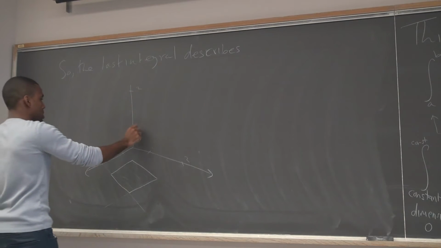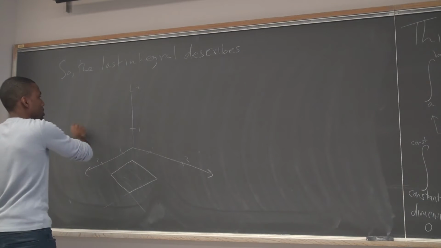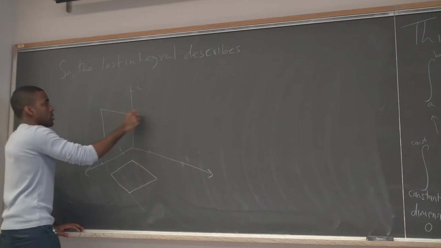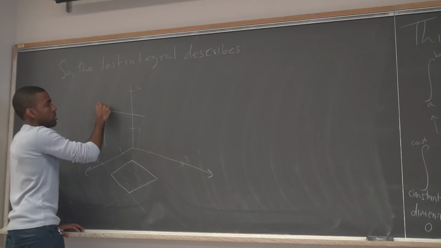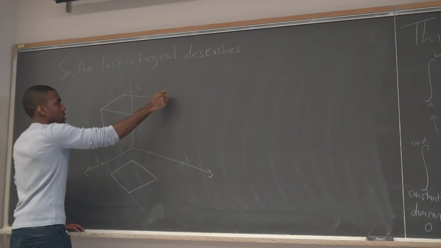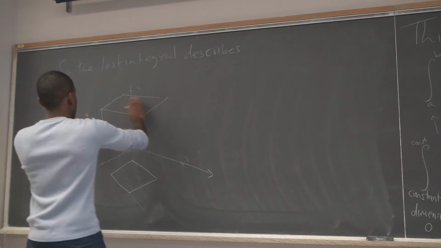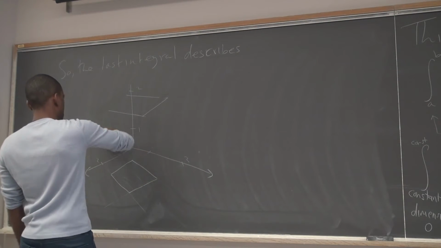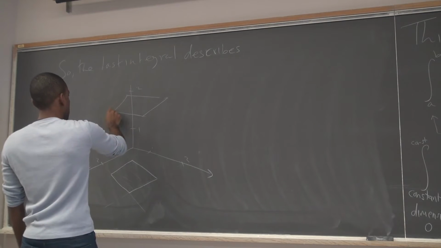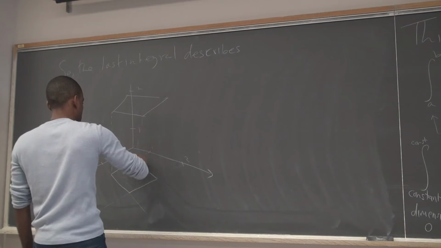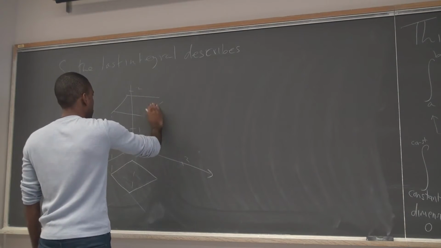So what's going to happen is there's going to be a plane cutting across here. So what I'm really describing is this box. Let's make sure I get this perspective right. Perspective is totally off.